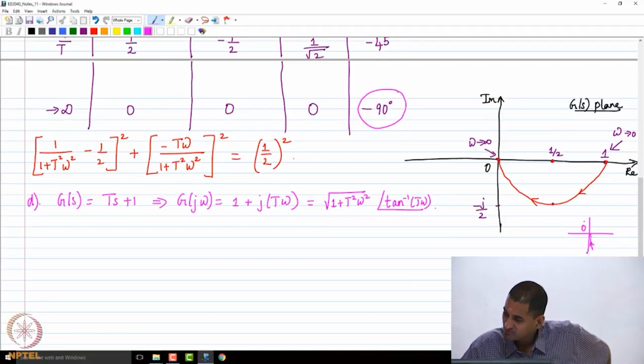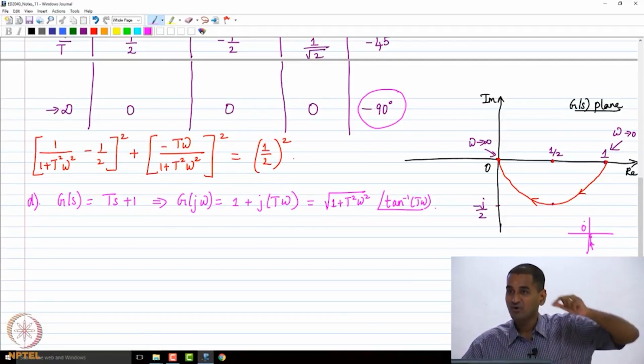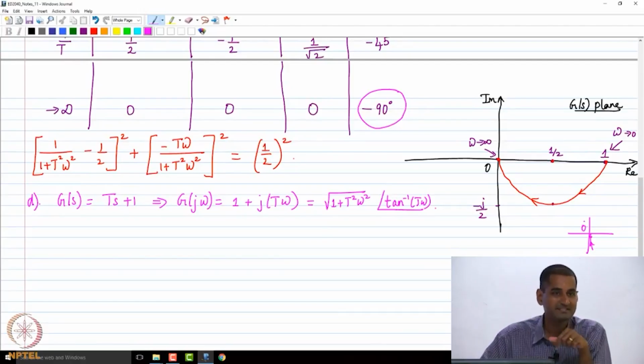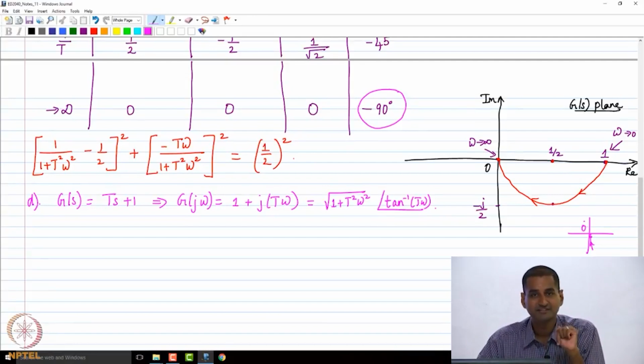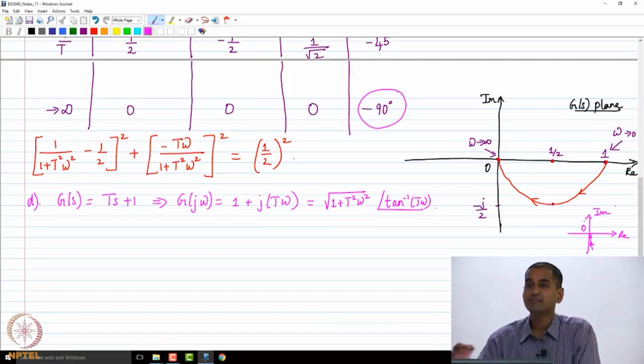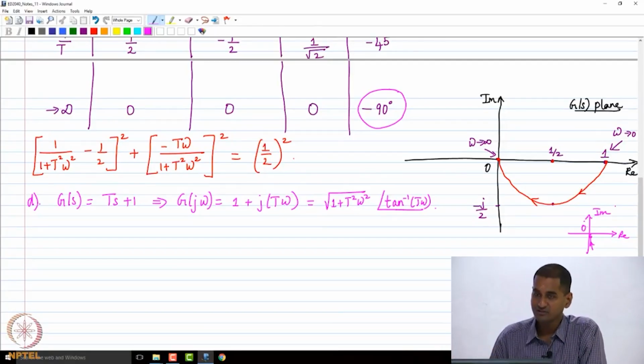If you zoom in further and further, if you draw a vector from the origin to that curve, that's going to be at an angle of minus 90. So that's why I put minus 90 there. Is it clear? That is the reason for the phase becoming minus 90 as omega tends to infinity for the factor 1 by ts plus 1.